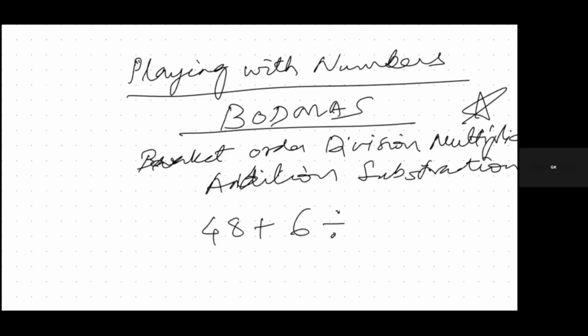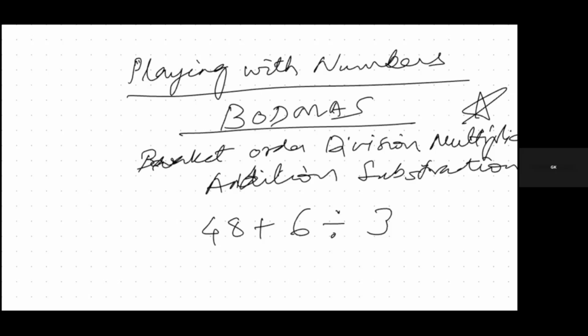Now in this expression we have to add two numbers as well as divide the numbers. In which order we solve this expression is important for us to arrive at the correct answer.